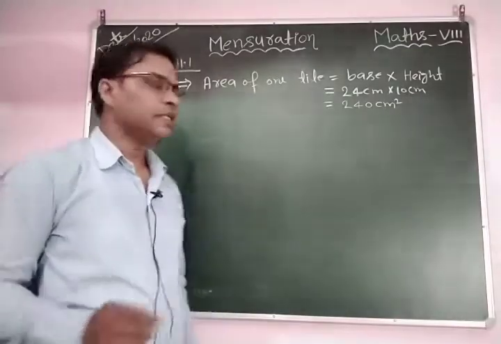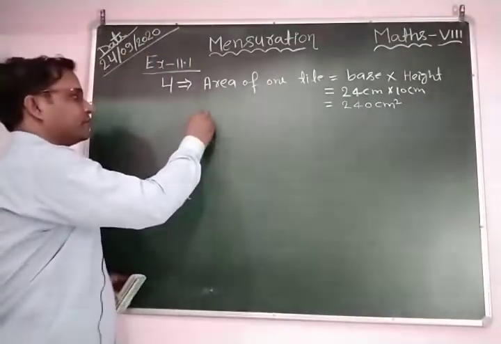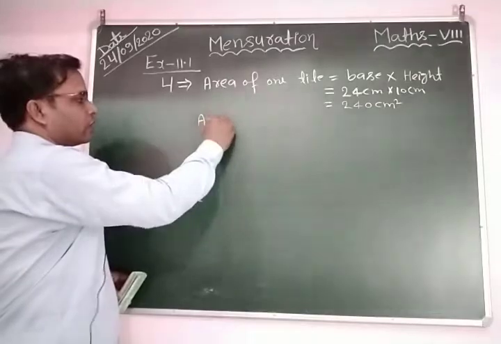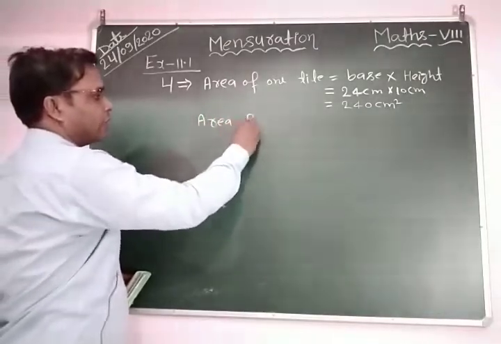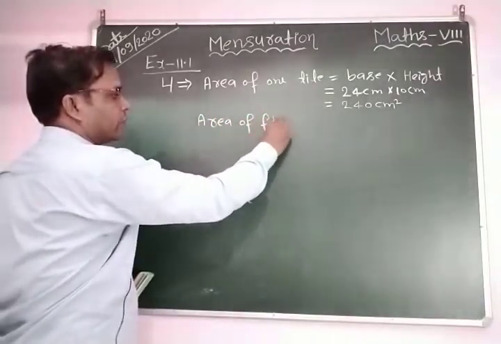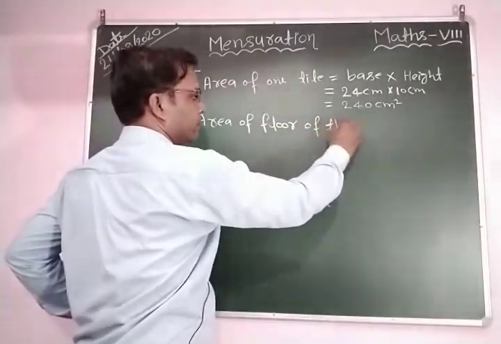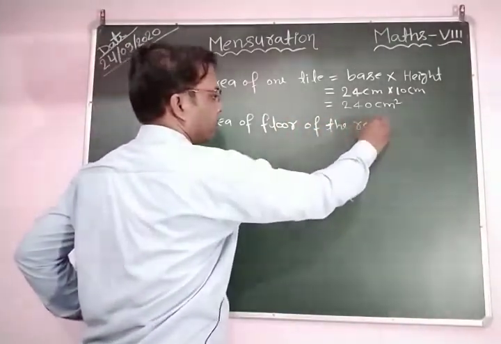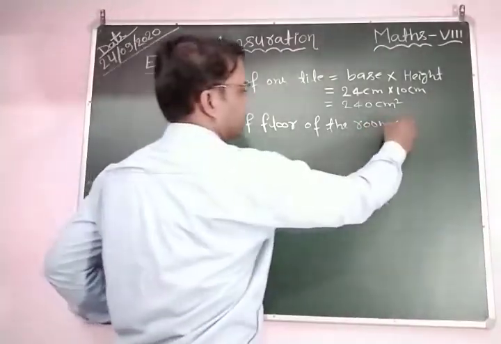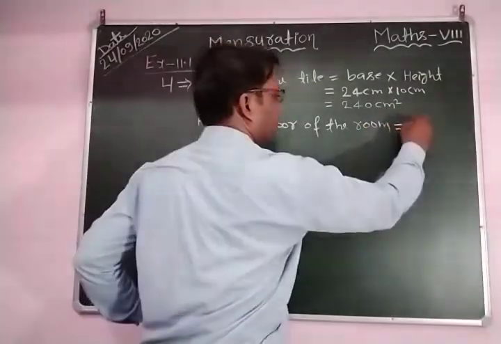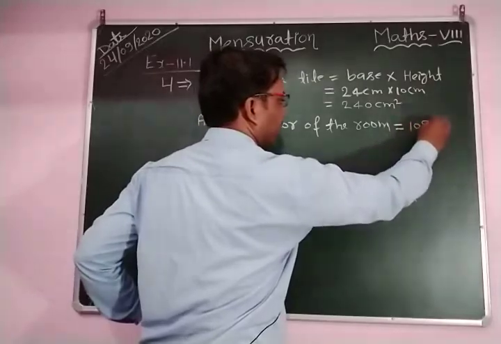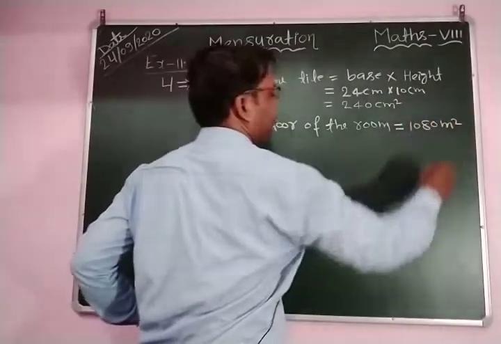And here is given the area of the floor of the room. This is given as 1080 meter square.